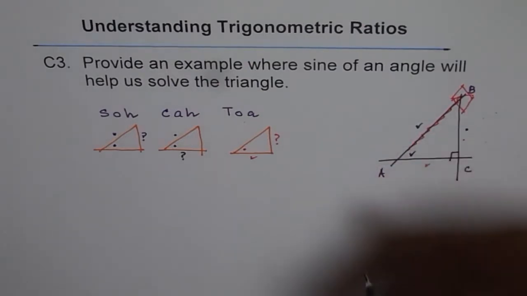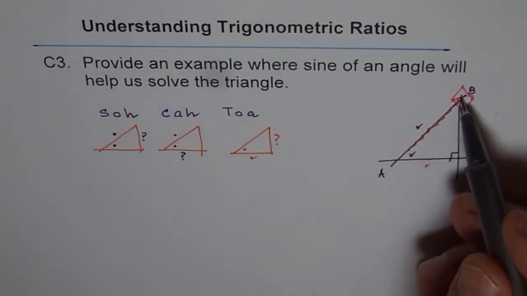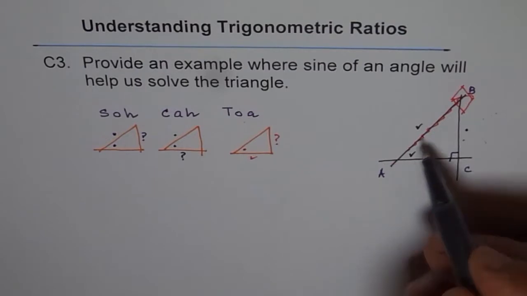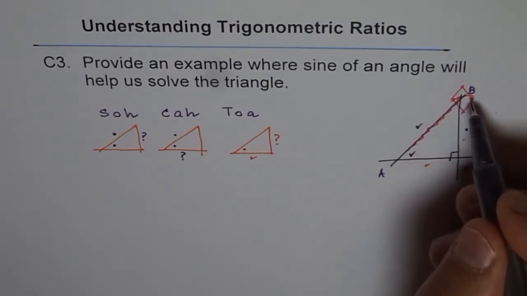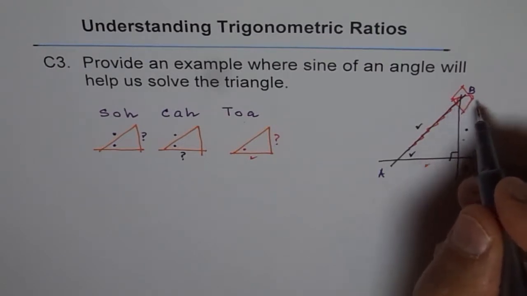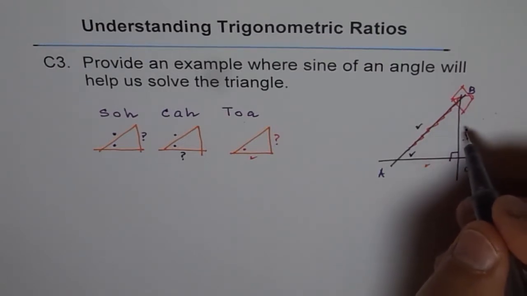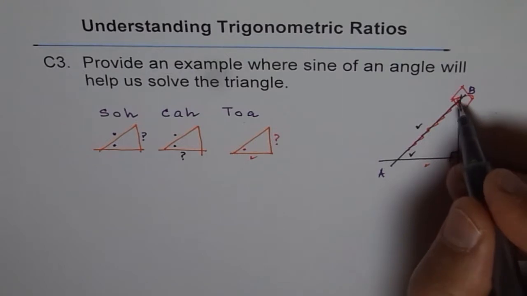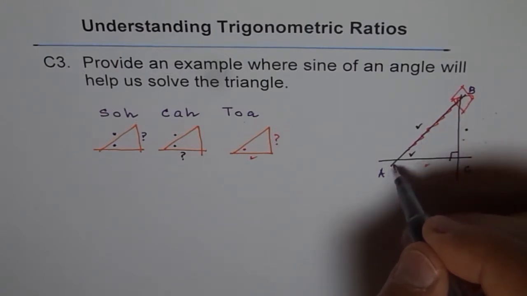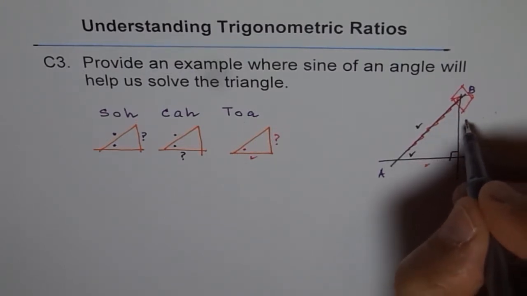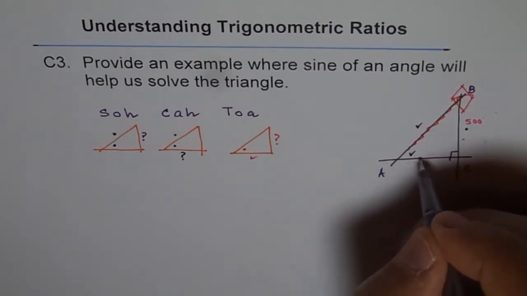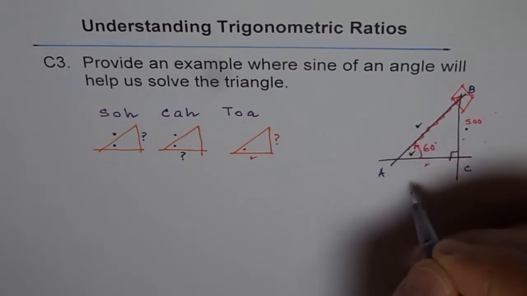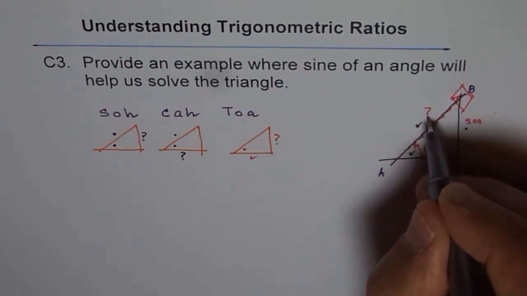We want to find, if the angle of elevation is given to us, and we know the kite is flying at a height of, let's say, 500 meters, how much is the thread length? In that case, we know this is 500 meters, and let us say this angle is 60 degrees, and we need to find the thread length.